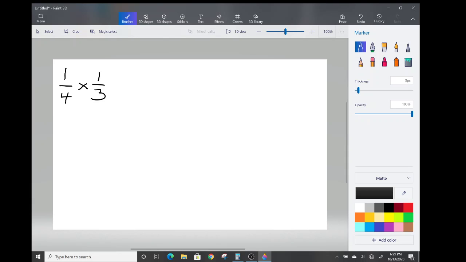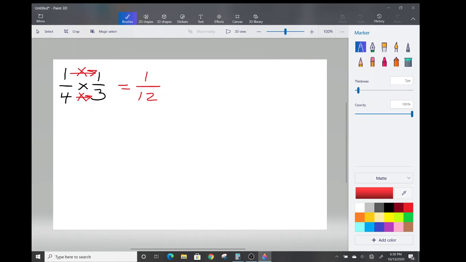Now this is simple. Multiplication of fractions is so easy. Oh my goodness. It's just super easy. Multiplication, all you do is you multiply the tops and you multiply the bottoms. So 1 times 1 equals 1. 4 times 3 equals 12. Yeah? So we're not adding them, we're multiplying them.